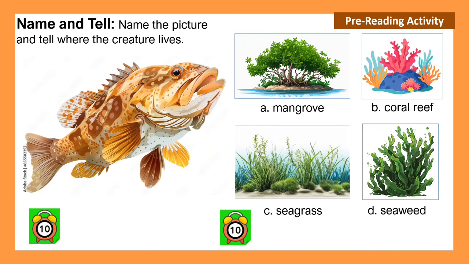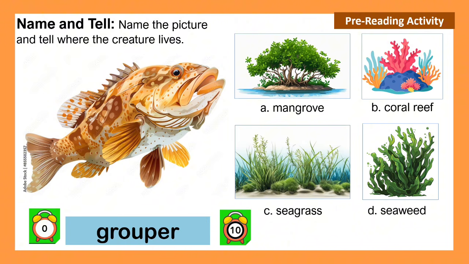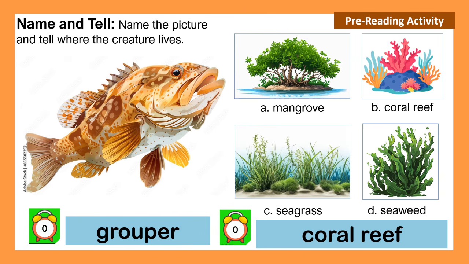Picture number 2. What creature is this? Oh, you didn't know? This one is called a grouper. And where does this creature live? A grouper lives in coral reef.